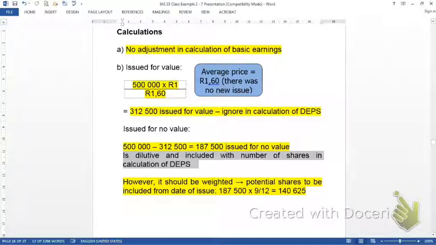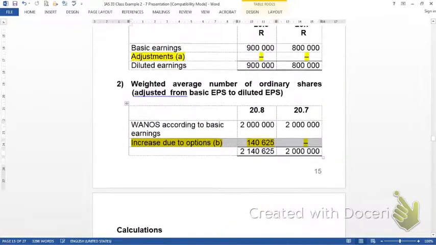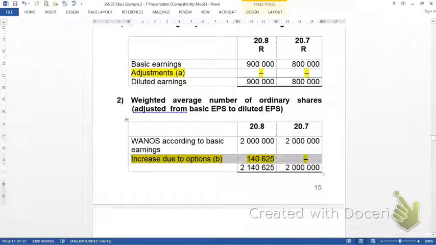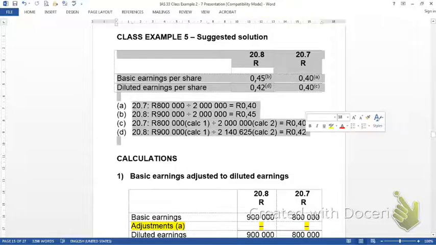So in this specific year, the options were issued on 1 April, so it was in issue for 9 months of the year, and therefore it should be weighted at 187,500 times 9/12, and that gives us the final answer of 140,625, which will then be adjusted against the basic WANOS to give us the diluted WANOS at that stage. Now you can go and do your calculations of your basic and diluted earnings with options.